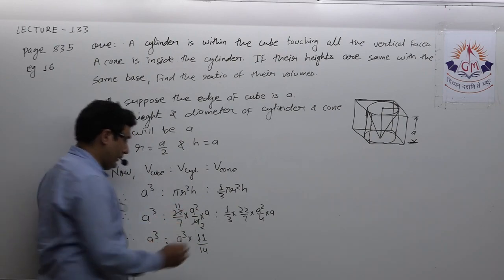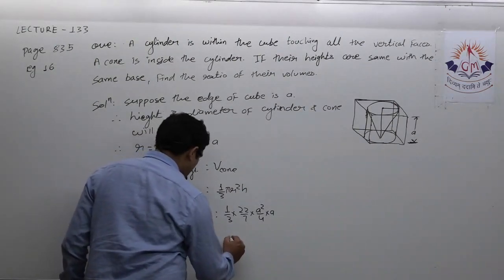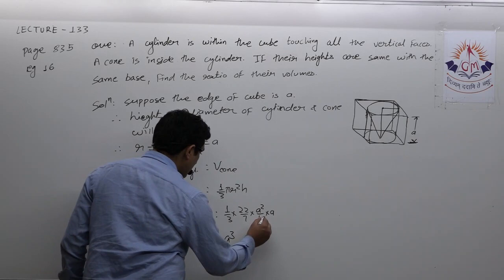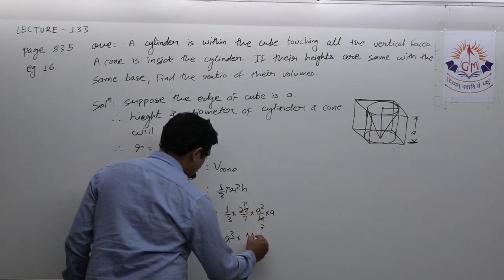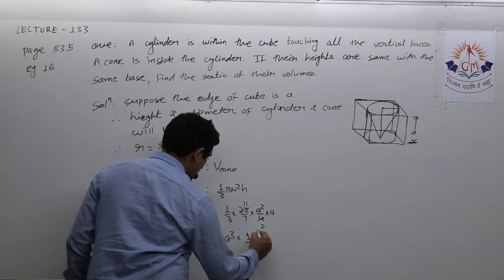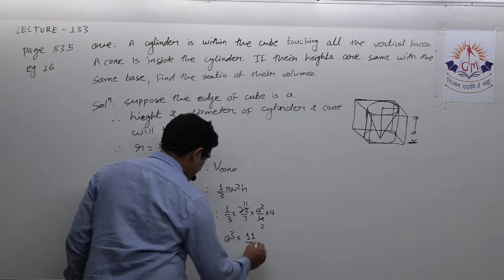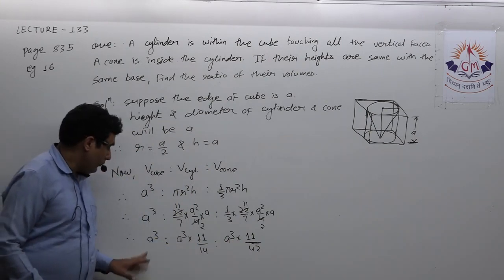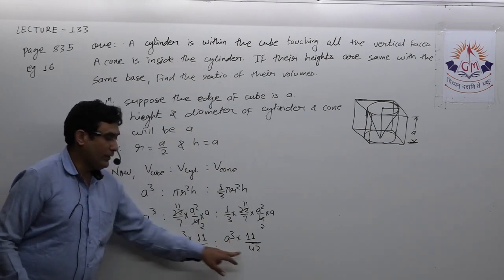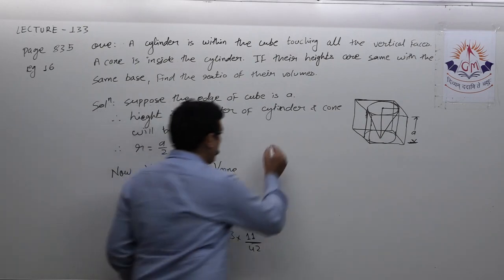Over here I will get a cube into 11 upon 42. So now if I multiply throughout by 42, this 14 and 42 will cancel out and I will get the required ratio.